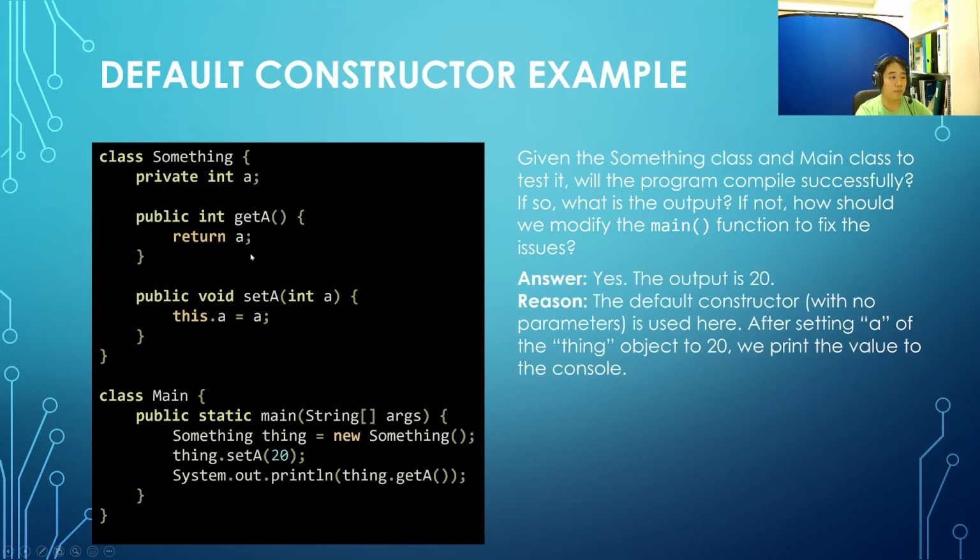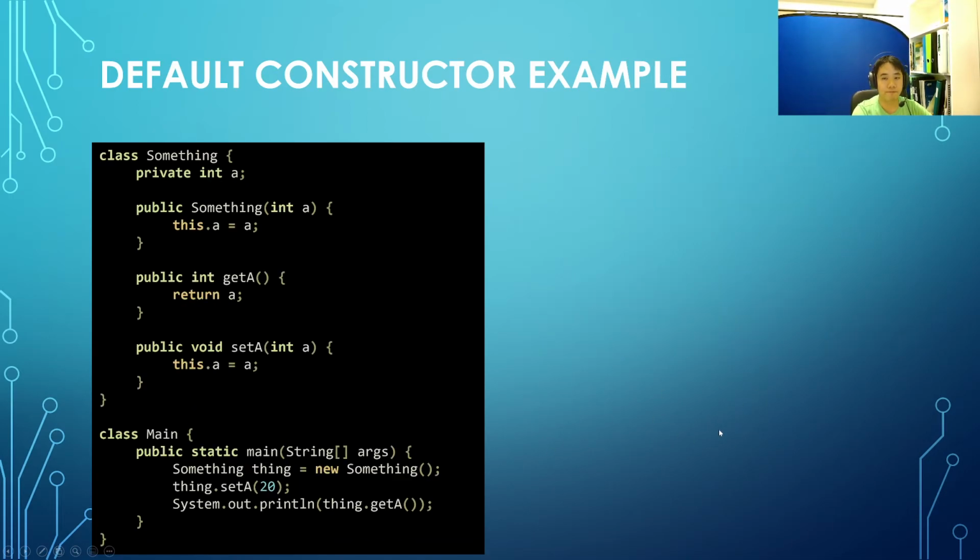And the compiler will run well, because we don't have any constructor at all. There isn't any. We're going to use the default constructor. So we make the new something object, set its a value to 20, and then print it out. So we're going to print out 20.